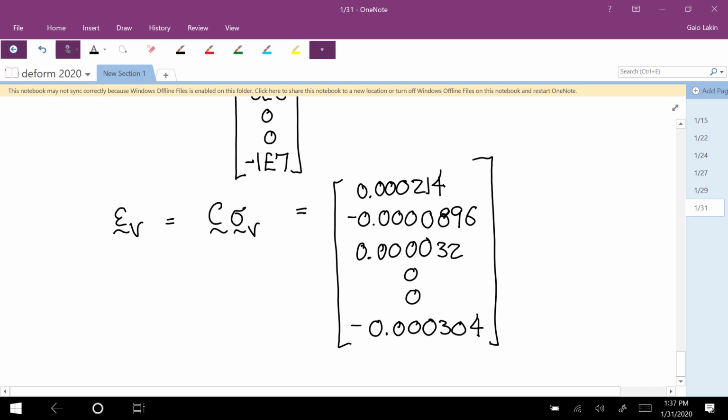Between the positive x face and the z face, it stays the same. And between the positive x and the positive y face, we have a negative shear strain, so it's getting more obtuse, okay? So you could sketch that out and get a sense for like, okay, it's bigger this way, smaller this way, bent this way, okay?